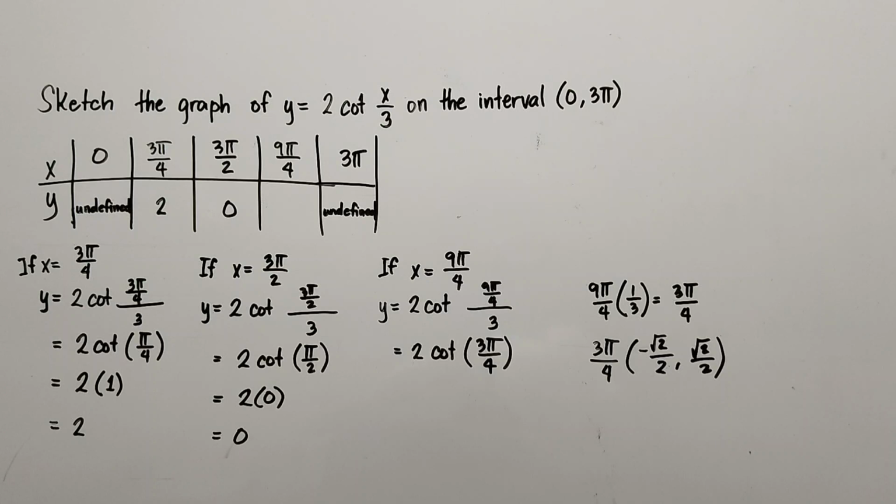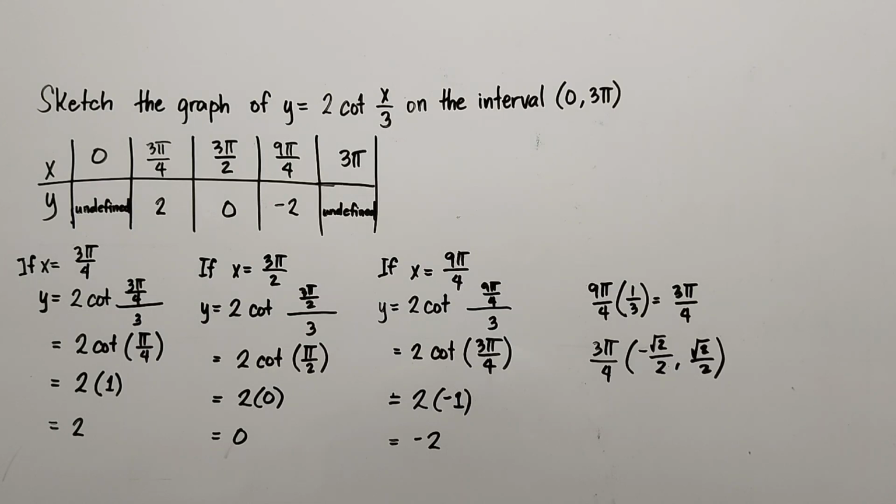Using the ratio of the cotangent, that is x over y, the answer is negative 1. Since cotangent of 3 pi over 4 is negative 1, the value of our y here is 2 times negative 1, which is negative 2. We are done with the table.